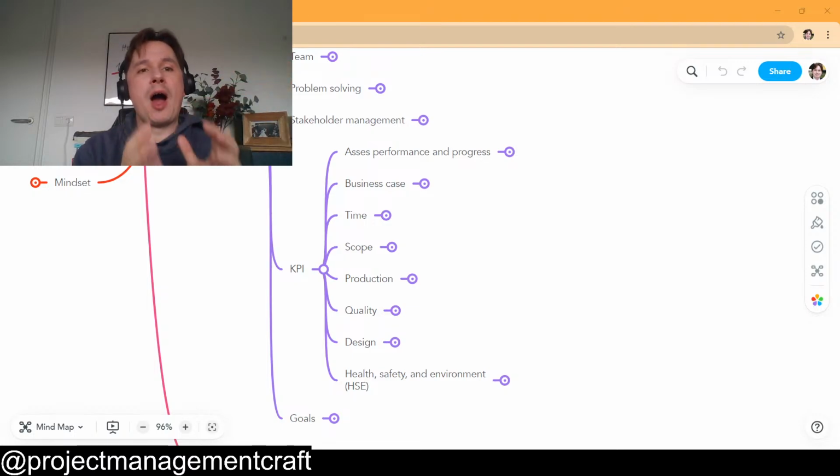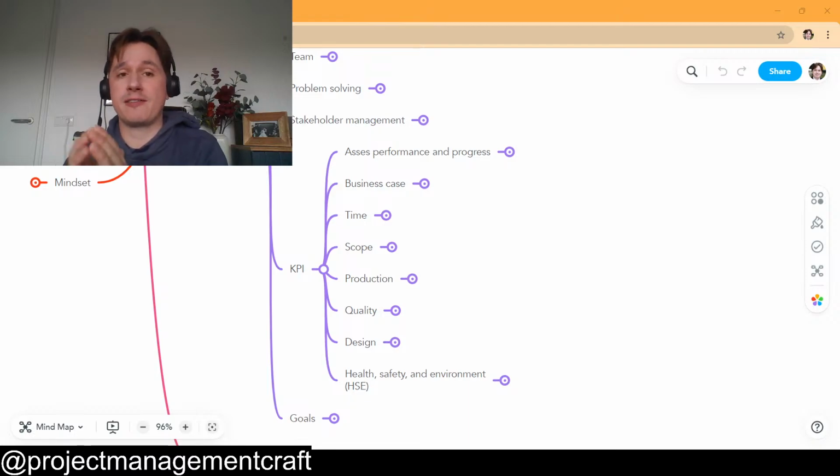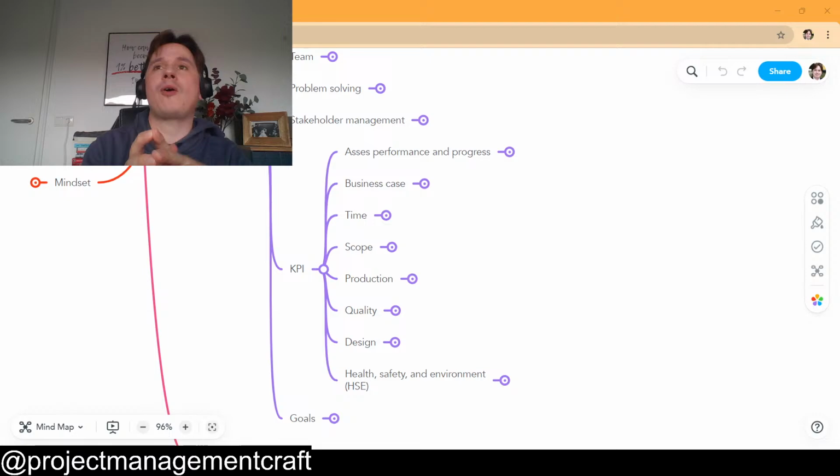So how are you going to define these key performance indicators in your project? They are very critical. Sometimes people do weird stuff. Take quality.